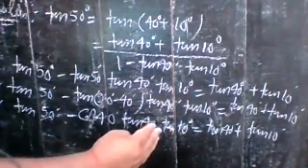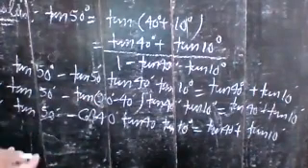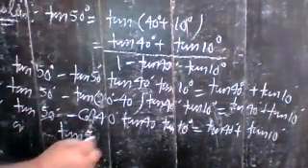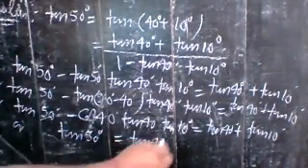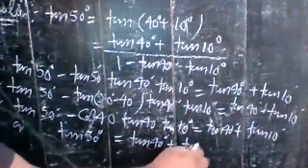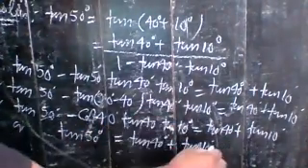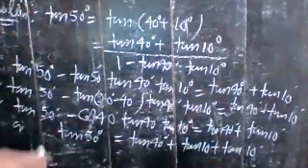So yes, transposing this tan 10 degree to the right side, you see that your result is proved. So here you have tan 50 degree is equal to tan 40 degree plus tan 10 degree, and transferring this tan 10 to the right side, you have plus tan 10 degree.